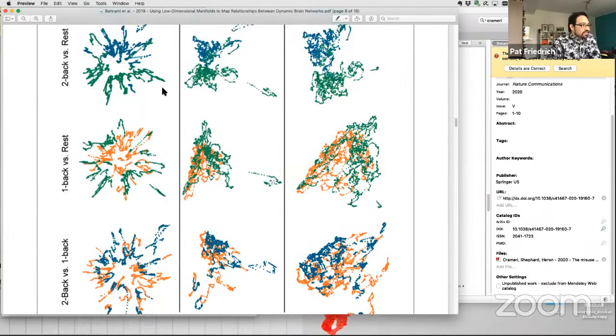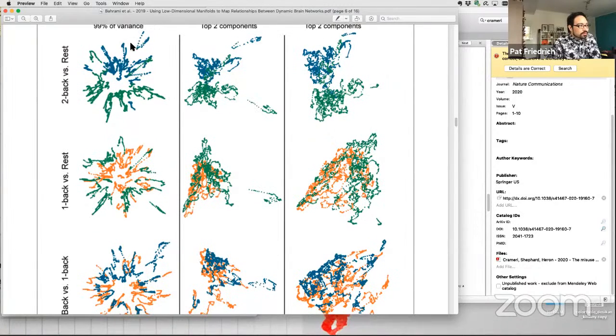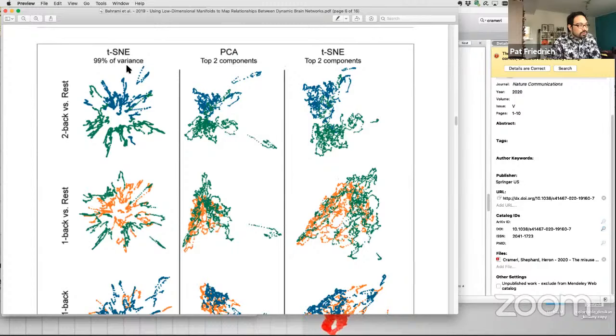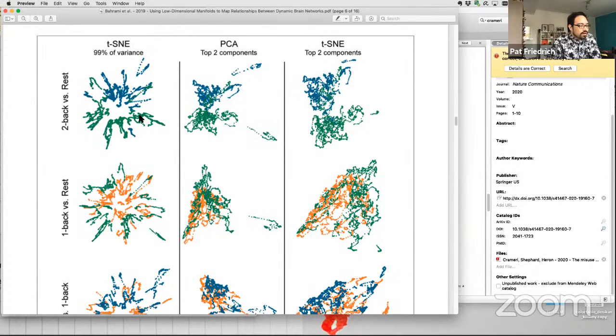And you can see here that, when we are looking, for instance, at this contrast here, networks that were gained from the two-back task versus the rest task in green are really somewhat differentiable. So these networks in blue somewhat cluster when depicted using this algorithm, and the green networks were more depicted on the lower part.